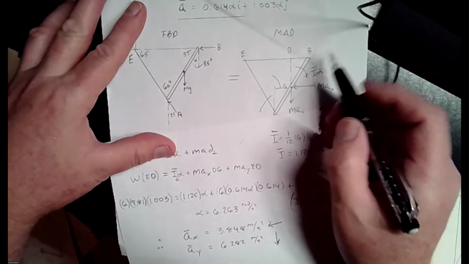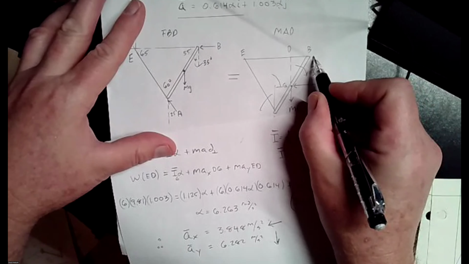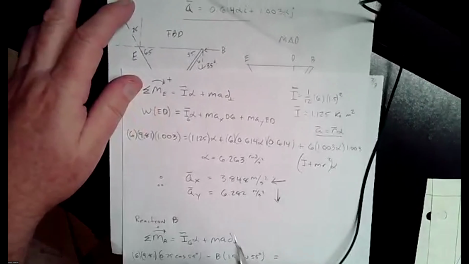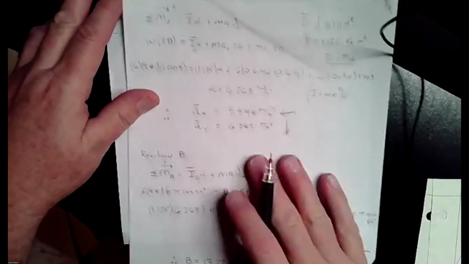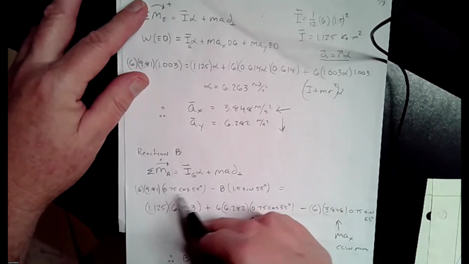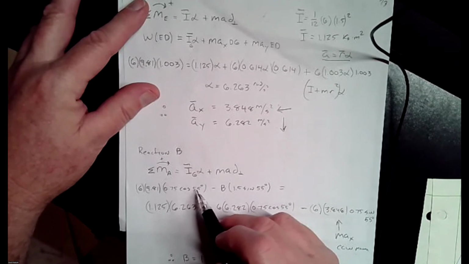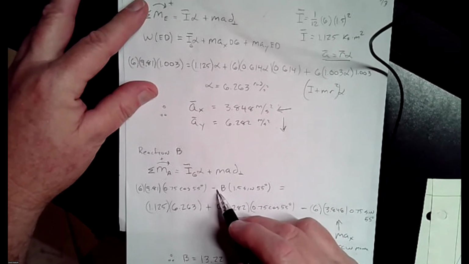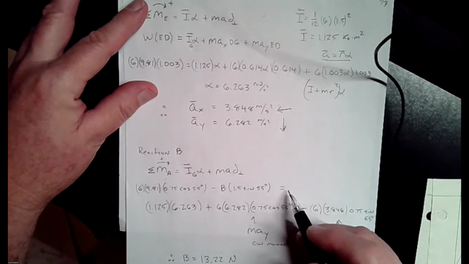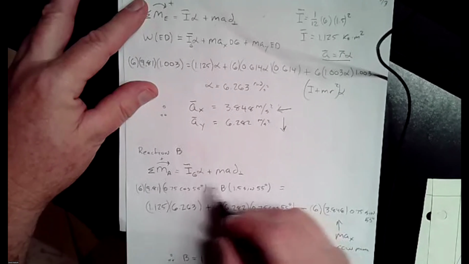We know that B has a reaction that goes straight in, so it's going to be the entire distance to A. Hence the sum of the moments about A is going to be the weight times the distance, and then minus B times the entire distance times sine 55. That equals, so I ran out of space.